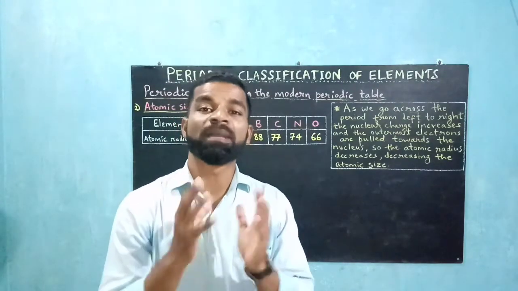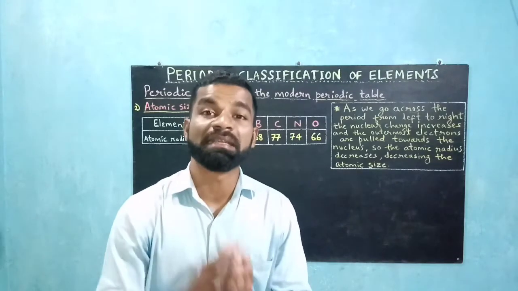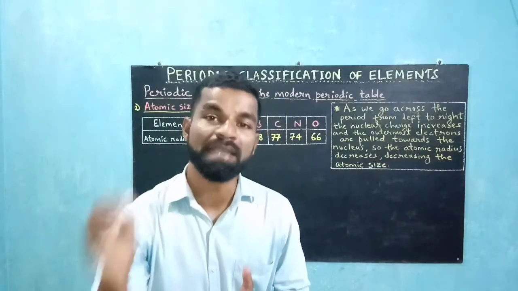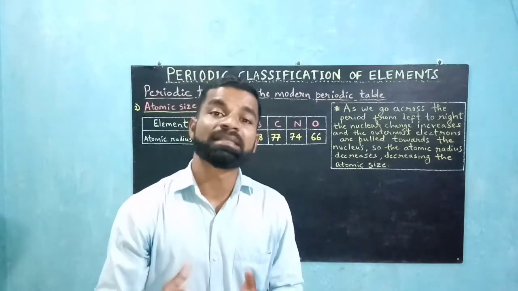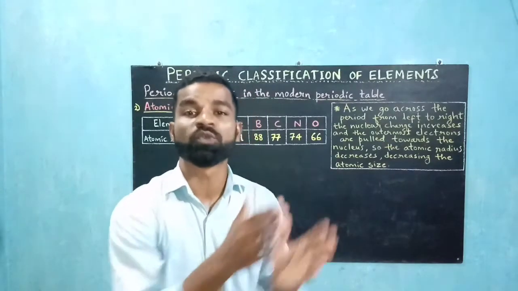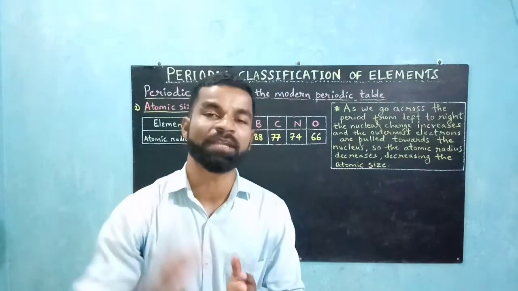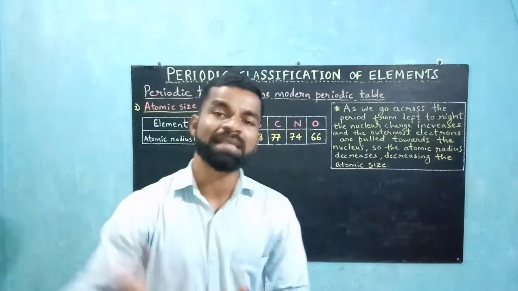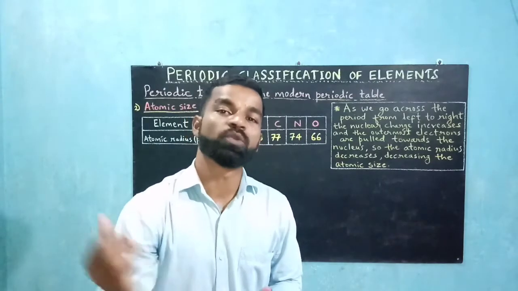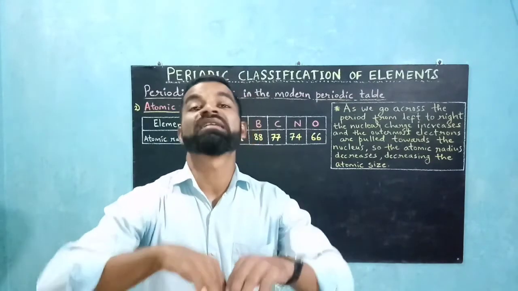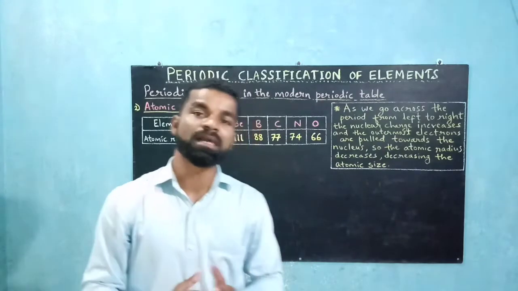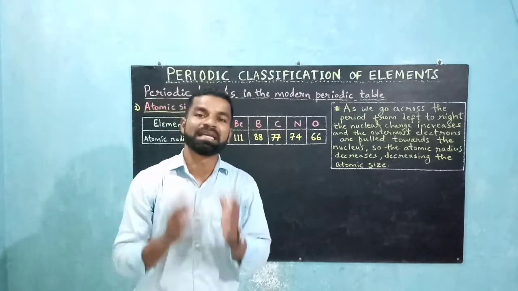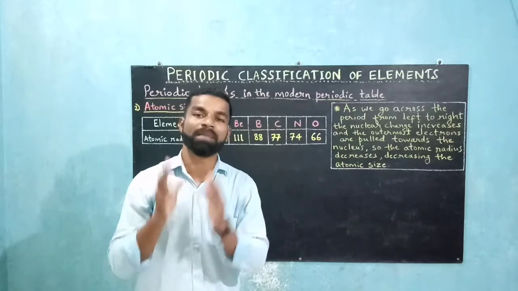So the mass of the proton is 1800 times more than the mass of the electron, and that is the reason the electron accelerates towards the proton and the proton does not accelerate towards the electron. So protons are in the nucleus and the electrons accelerate towards the proton. So we say that the nuclear charge is pulling the electrons towards itself, and this is the reason why the atomic size decreases across the period as we go from left to right.